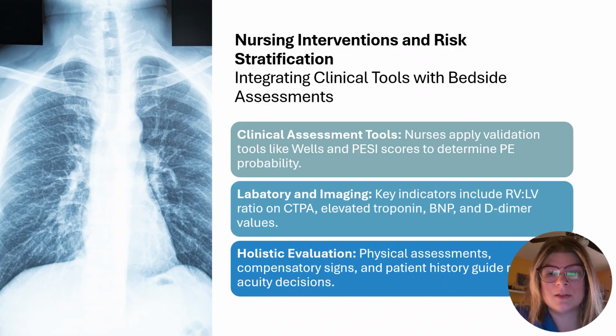For example, understanding subtle indicators of decompensation or compensatory mechanisms allows nurses to act preemptively. These efforts help stratify patient risk and inform decisions about hospital placement, oxygen support, and advanced interventions.